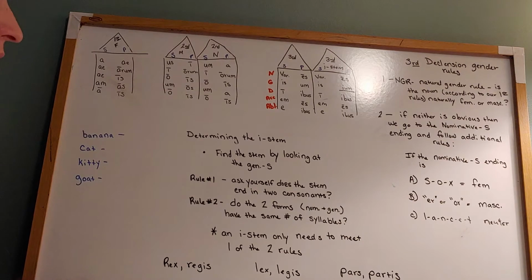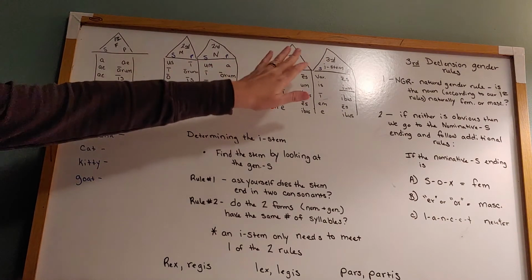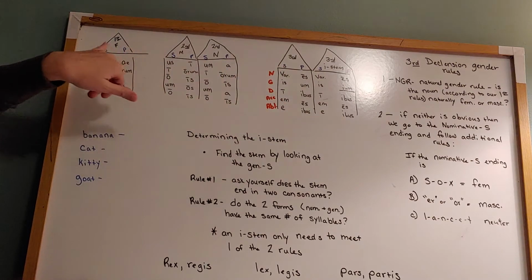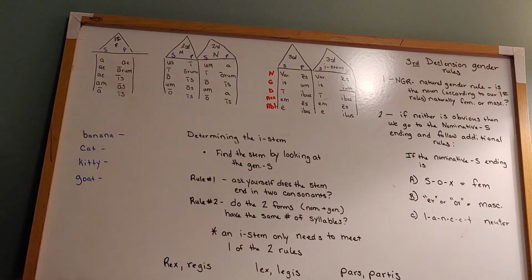So this is just the beginning. And here we have our third declension. It consists of feminine, masculine, and neuter. I keep saying male. I mean masculine and neuter. And that's what makes it so tricky, is that it can have all the genders.